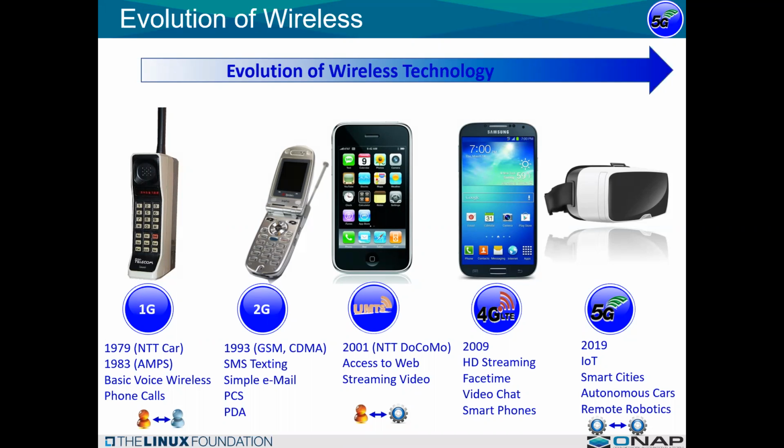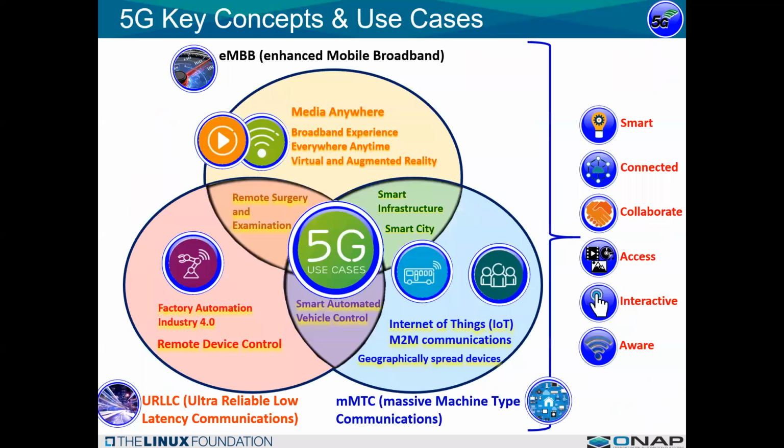And then, of course, everybody's familiar with 4G because that's where we are now with high definition streaming, FaceTime, video chat, and smartphones. And then as we move into 5G, the Internet of Things, smart cities, autonomous cars, machine-to-machine communications, and remote robotics will be commonplace.